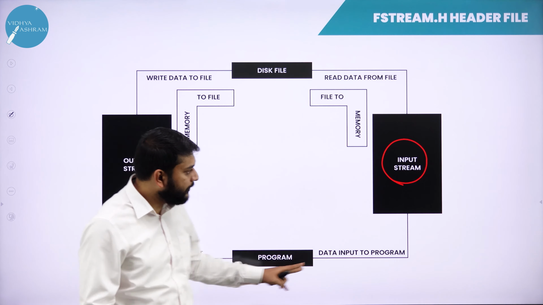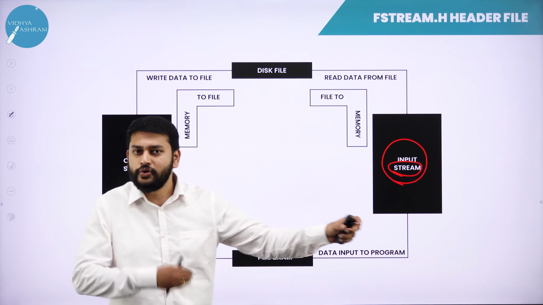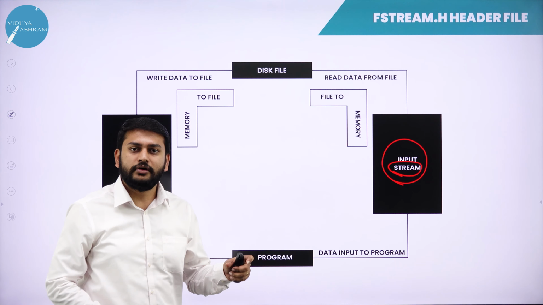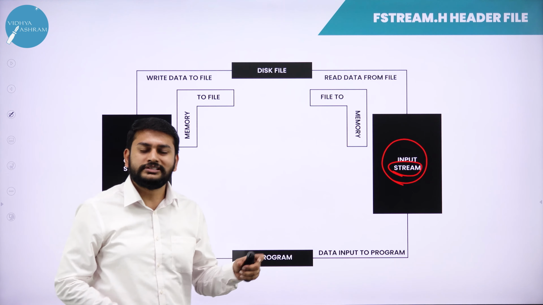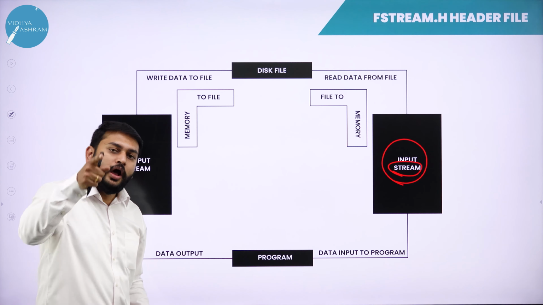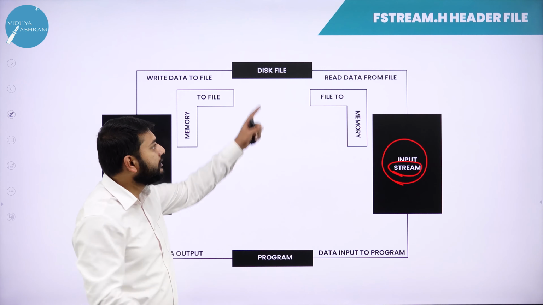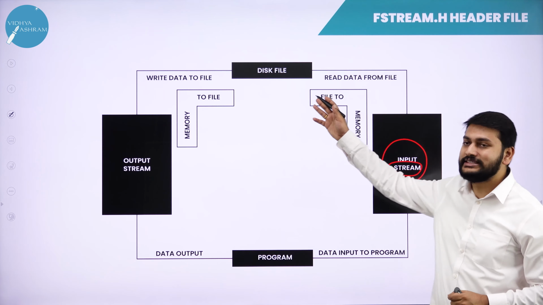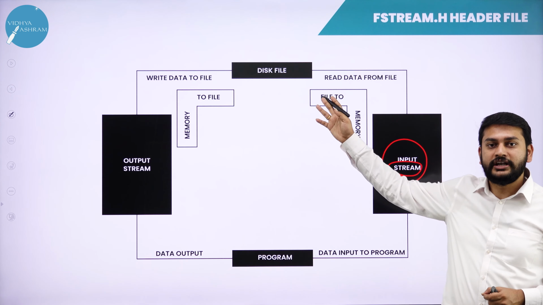My data is in the form of bytes, one by one, so I will call it a series, or a stream. My data is in the form of a stream, so it will be handled by the input stream. Fine, I have my data in the input stream. What should I do by keeping the data in the input stream? That data I will take to the disk. What am I calling this disk? This is the main memory, where my program is getting executed.